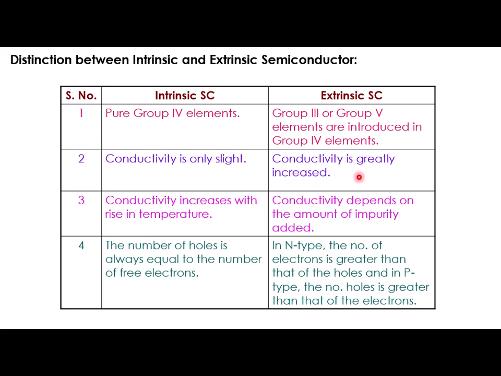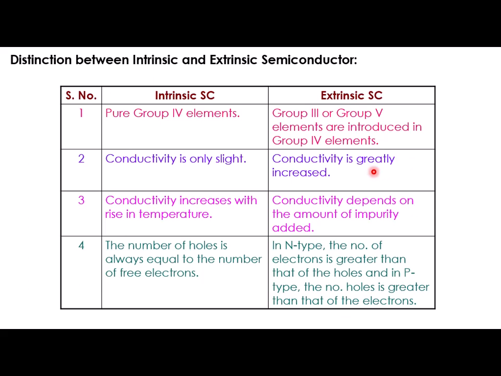Whereas in an extrinsic semiconductor, the conductivity is greatly increased by adding impurity. In an n-type extrinsic semiconductor, the conductivity is increased by adding pentavalent impurity, where an extra electron will be donated by the impurity atom.